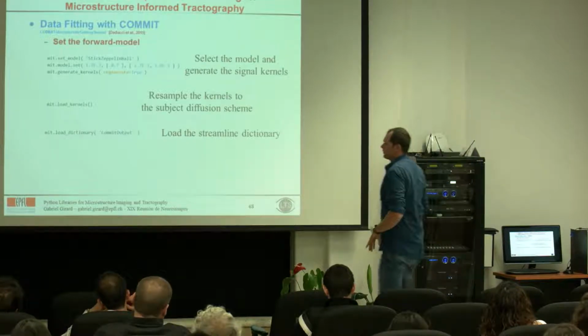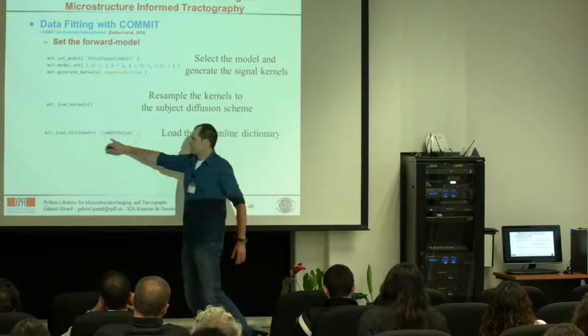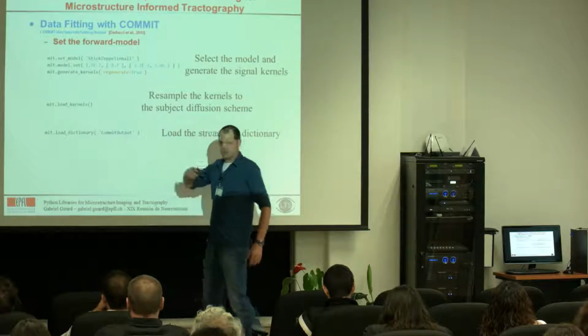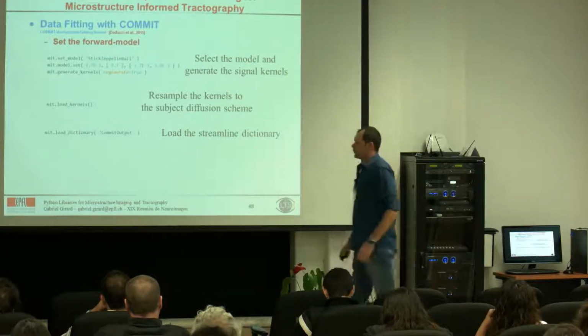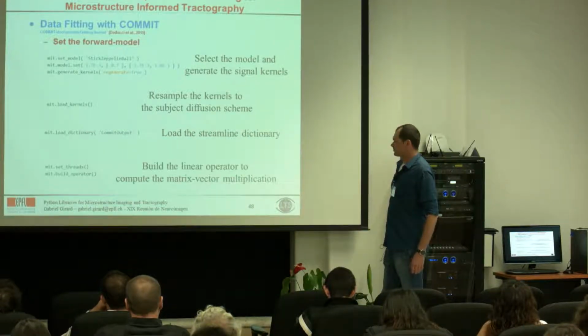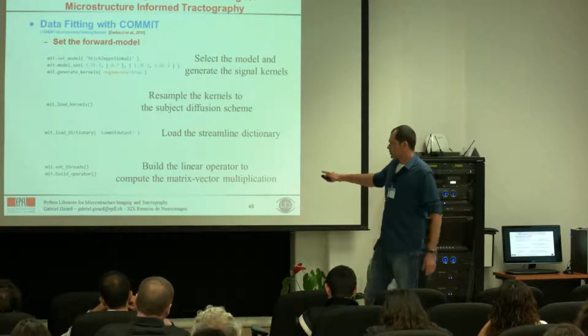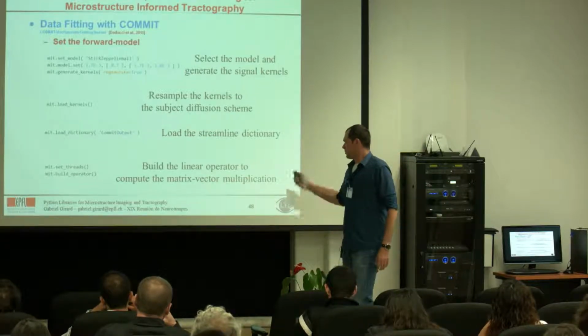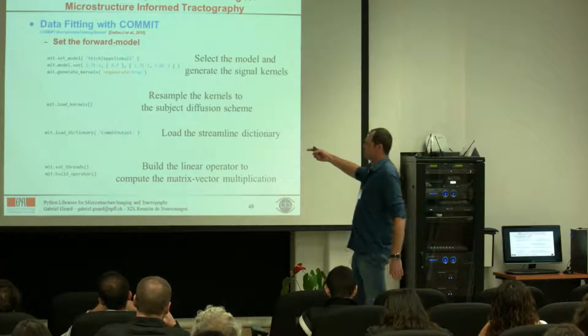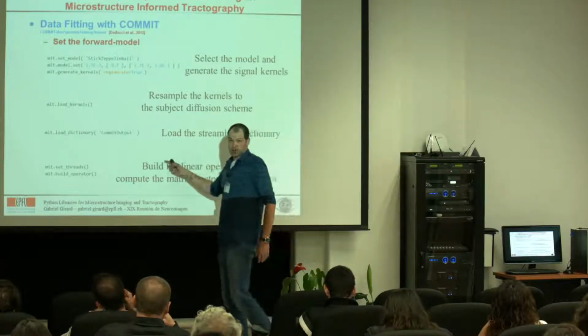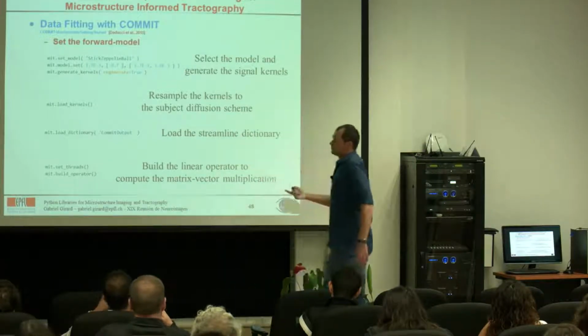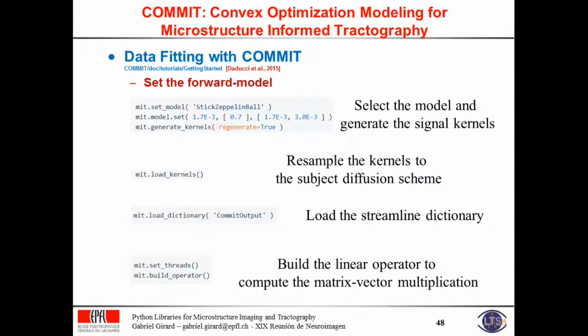You load the dictionary. So this is the track dictionary, which intersects your 3D volume of voxels. So this is just some mechanics to be able to compute the matrix. It will be very, very huge, as you can imagine. You have maybe hundreds of thousands of streamlines intersecting many hundreds of thousands of voxels.